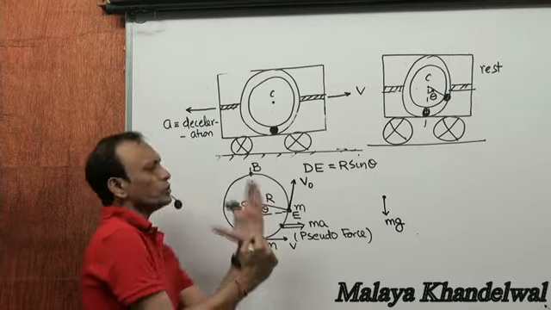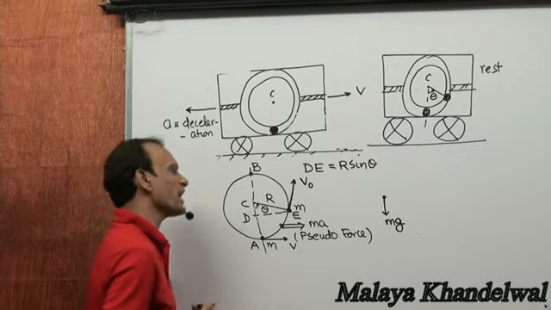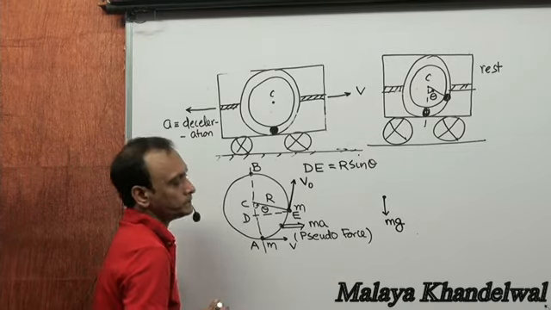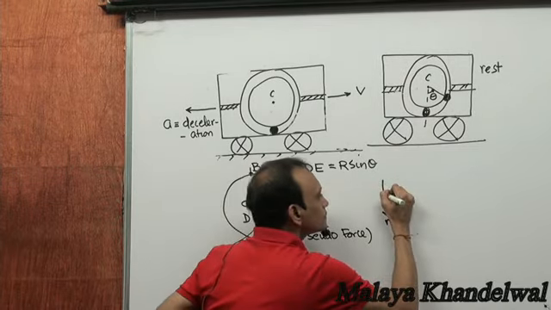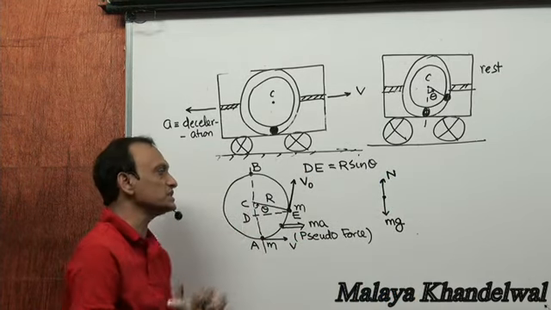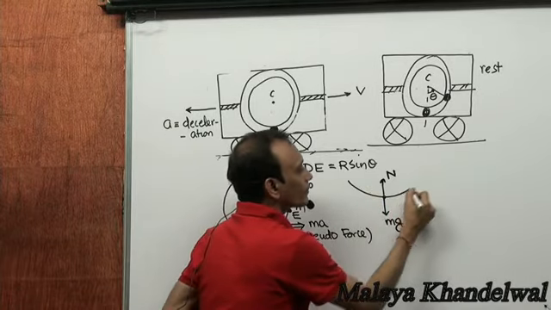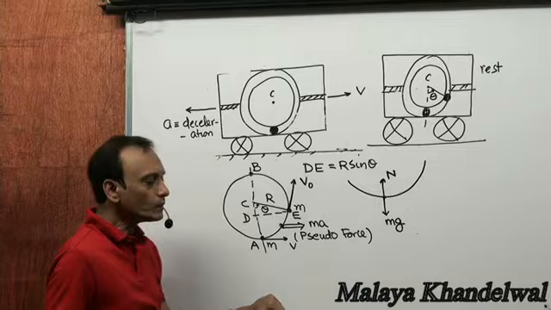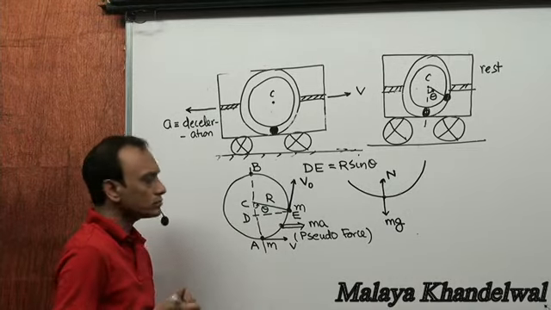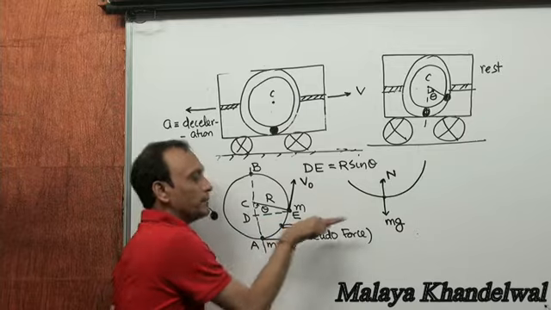There is obviously also a normal reaction from the circular tube. There is a force that the circular tube exerts. And in addition, there is going to be a pseudo force on small m, ma to the right.